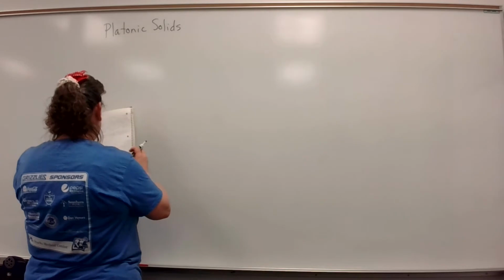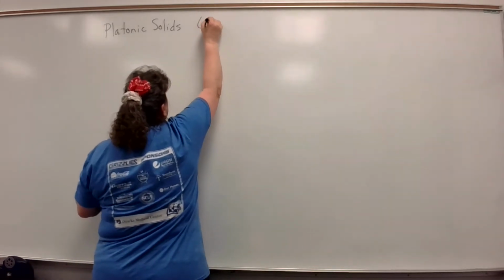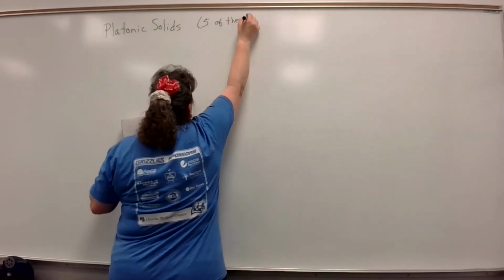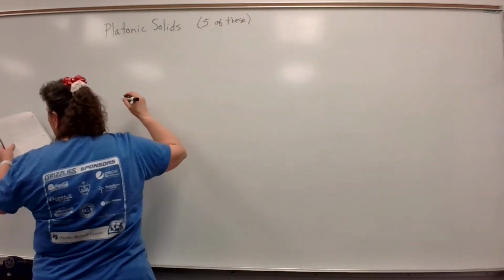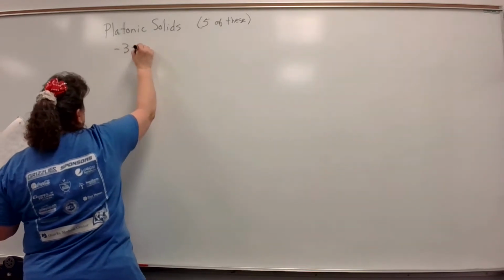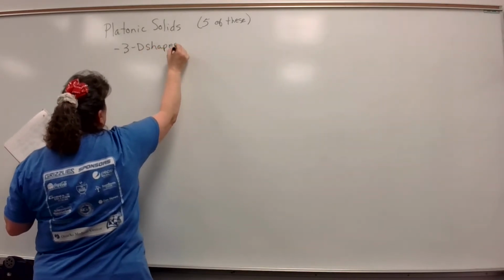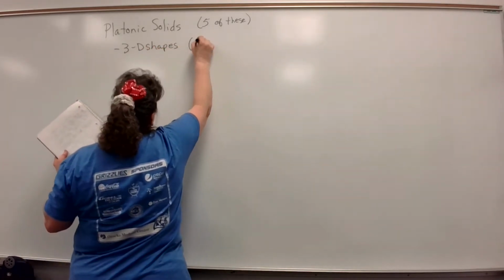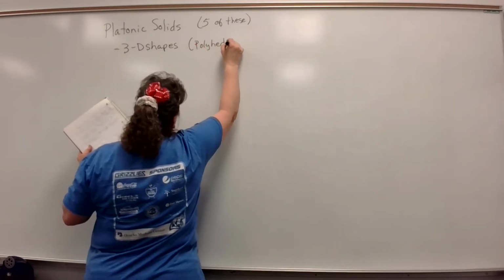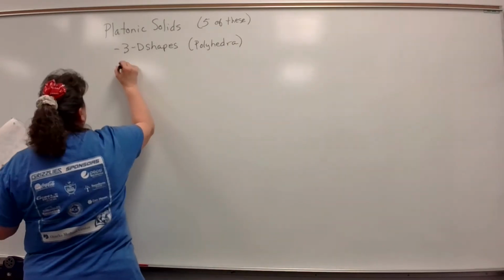There are 5 Platonic solids. And here are the requirements. They are 3D shapes, and they're polyhedra, the plural of polyhedron.